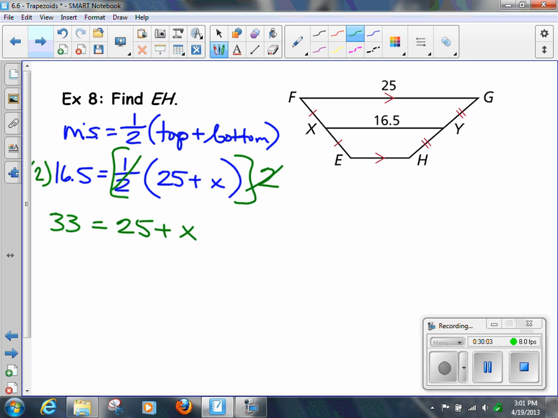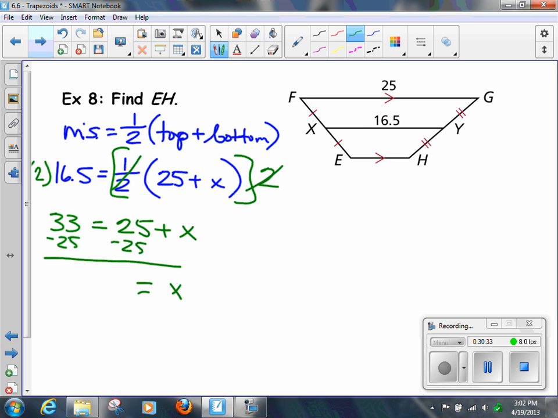All right, look what happened. In order to get rid of that fraction, if you multiply both sides of the equation by 2, that eliminates the 1/2. What you got, Justin? Are you going to multiply by 2 every time? Yep, if you're given the mid-segment.